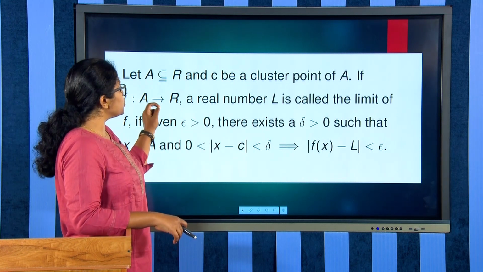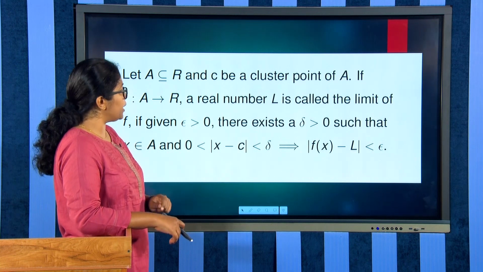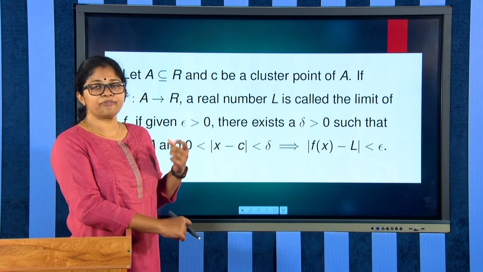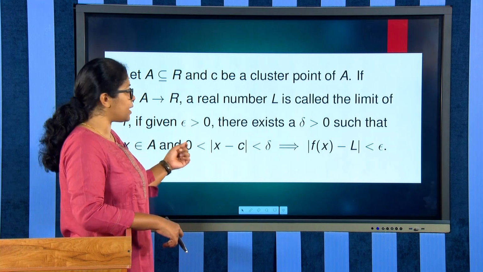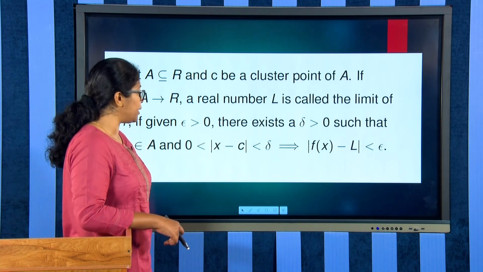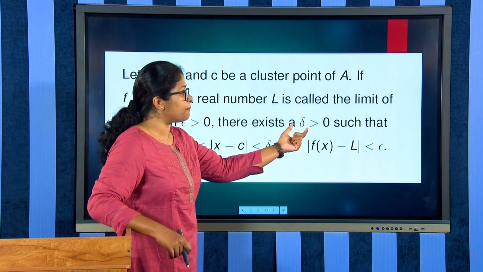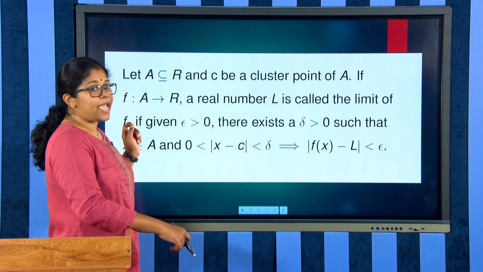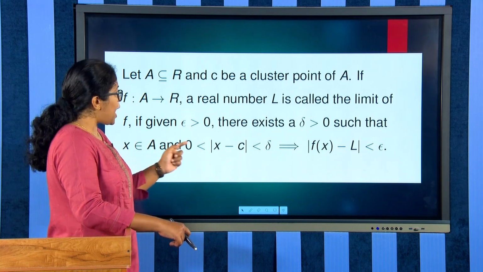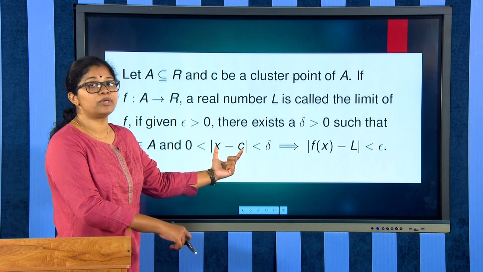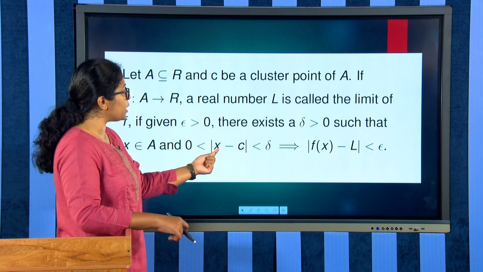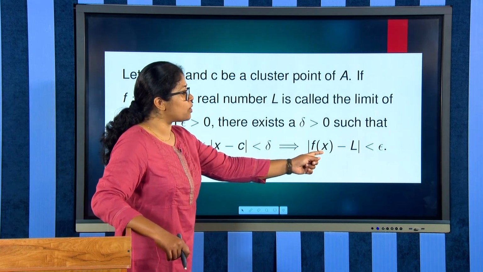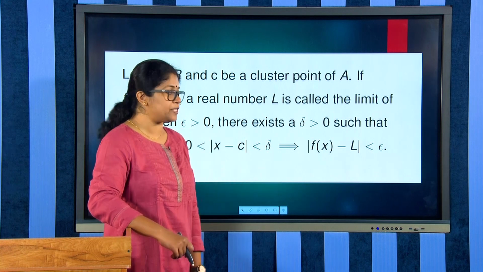If f is a function from A to R, a real number L is called the limit of the function f if, given epsilon greater than 0, where epsilon is a very small number between 0 and 1, there exists another real number delta greater than 0 such that whenever x is an element of A and x is in the delta neighborhood of c, that means 0 less than modulus of x minus c less than delta, it indicates that modulus of f of x minus L is less than epsilon.